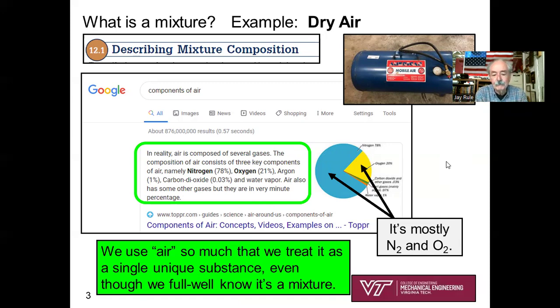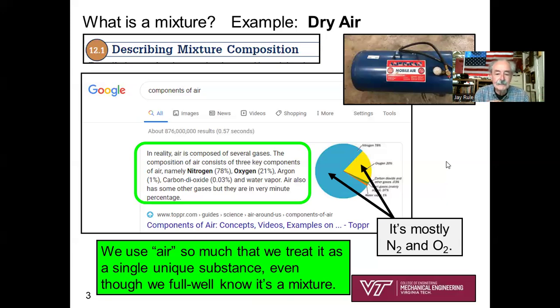You know good and well that air is really a mixture of ideal gases, and primarily it's 78% nitrogen, 21% oxygen, and a little argon, a little CO2. We breathe in air, and we exhale CO2 and the leftover nitrogen.